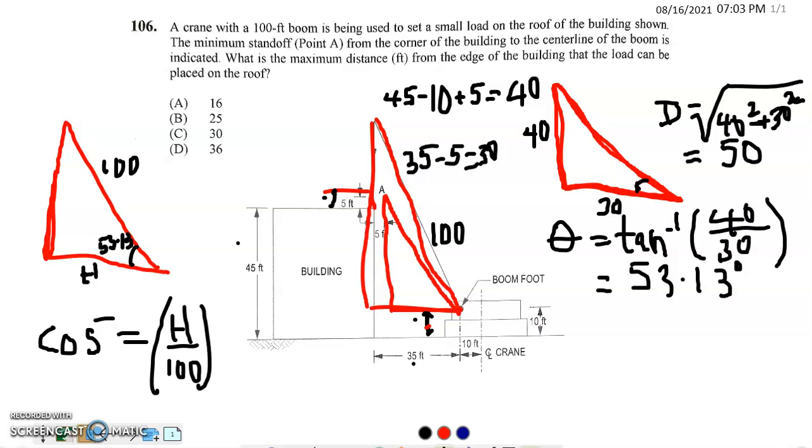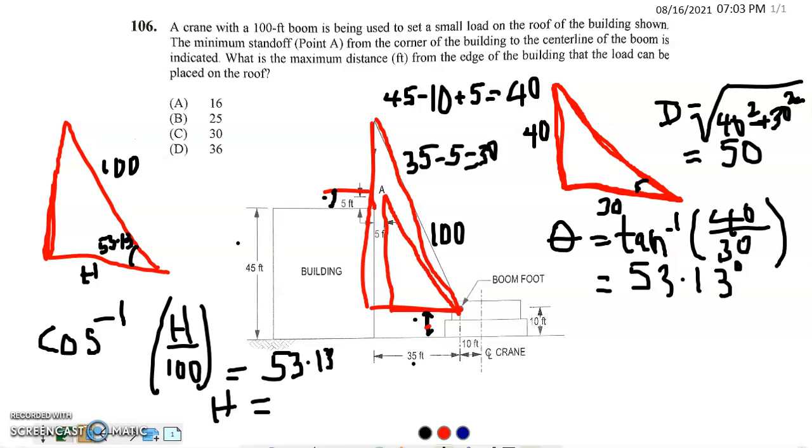We know this angle gives us 53.13. So let's just find H. That's all we need to do. Let me do this quickly on my calculator.